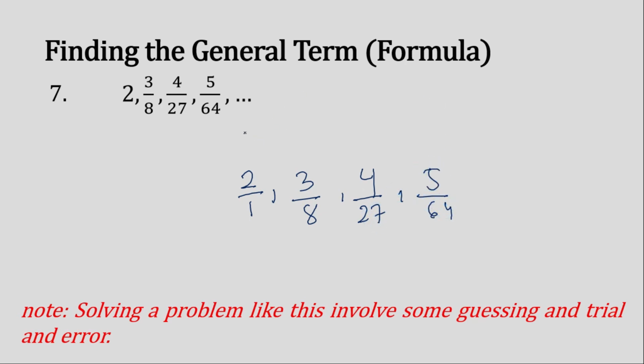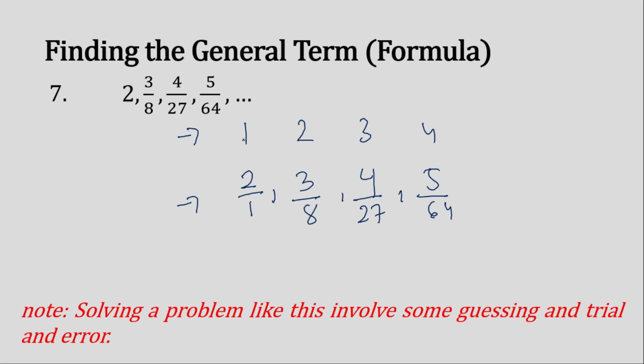Now all you have to do is to find a relationship to these numbers 1, 2, 3, and 4. Find any relationship from this number to this number in such a way that all of them could have the same formula.